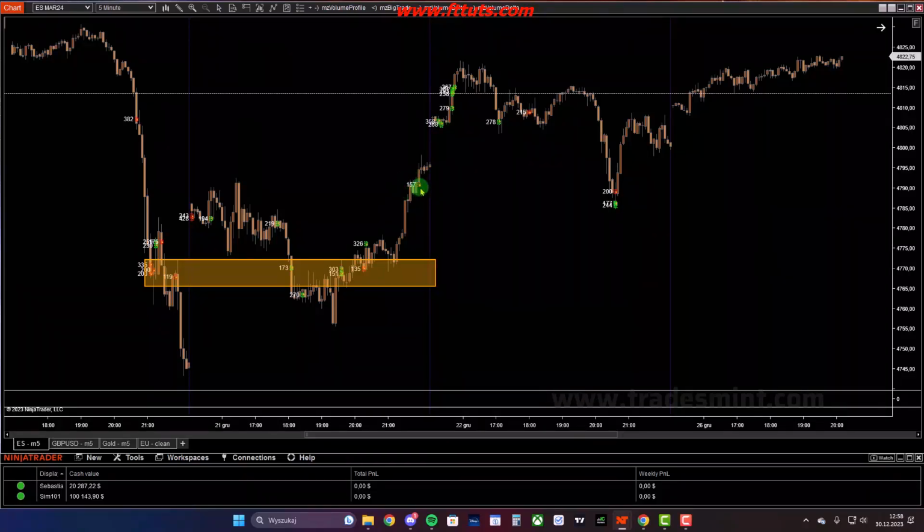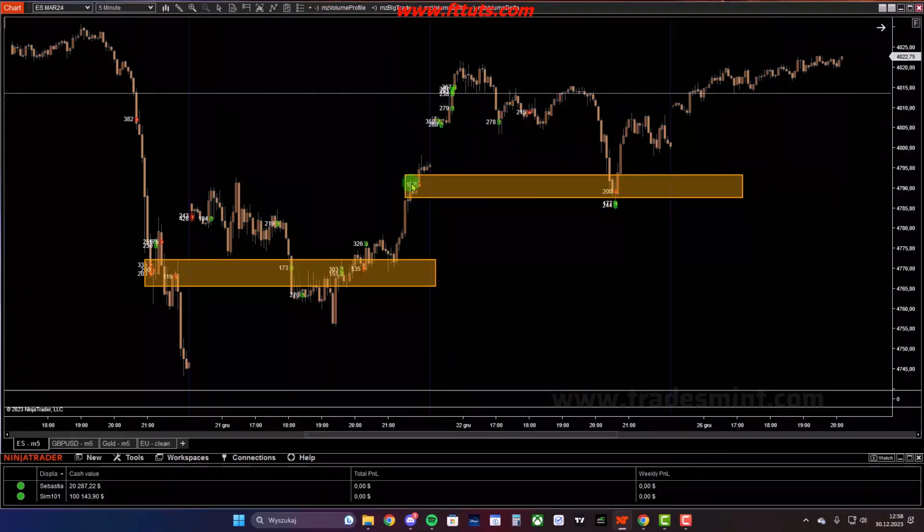Here again, by the end of the session there were some trapped sellers, and the price, unfortunately for them, moved up. So here's also a potential zone.